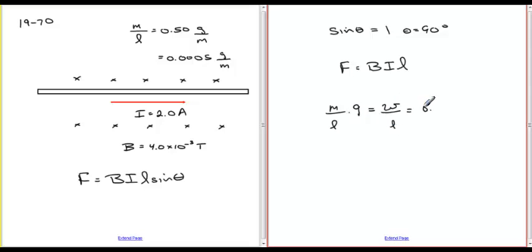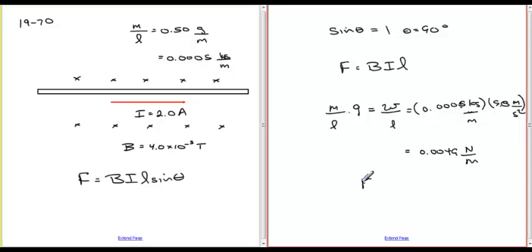So if we take our value of 0.0005 kilograms per meter and multiply by the acceleration due to gravity, which is 9.8 meters per second squared, that's going to give us newtons per meter. 0.0005 times 9.8 is 0.0049 newtons per meter.